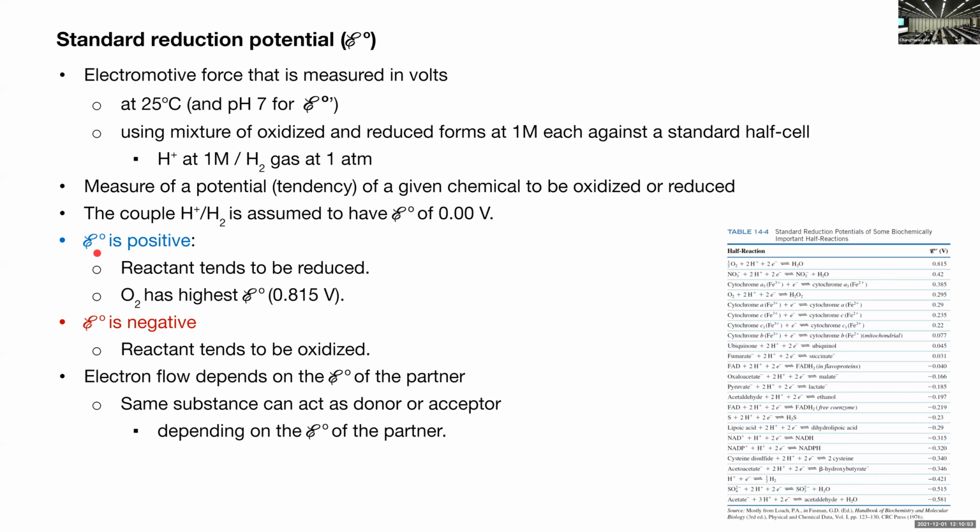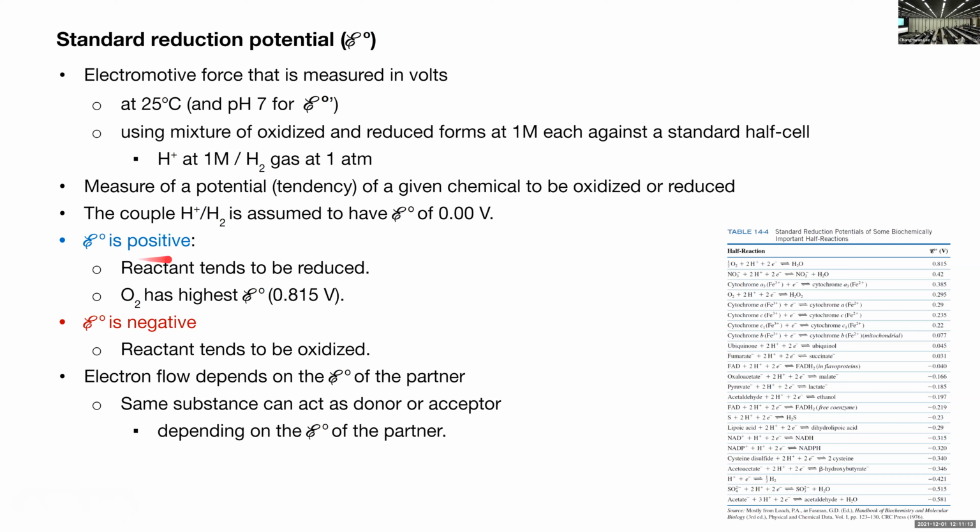And again, the same thing applies to the delta E naught too, as we used for just E values. Again, E naught is a standard reduction potential, and just E is a reduction potential, so it's a relative value.